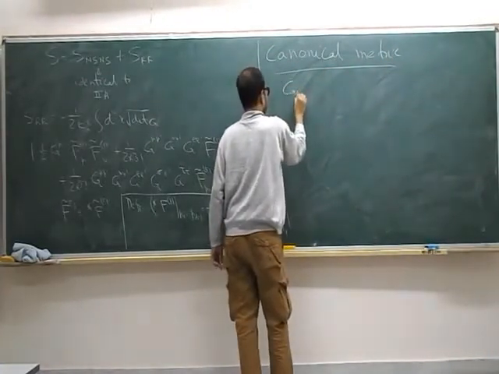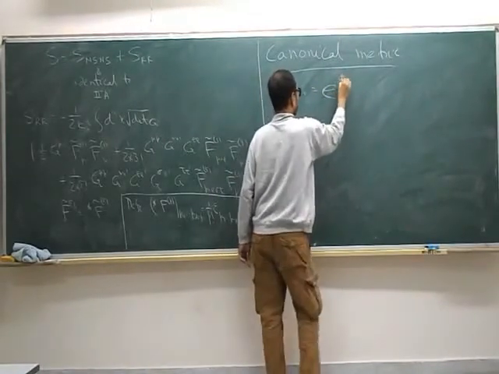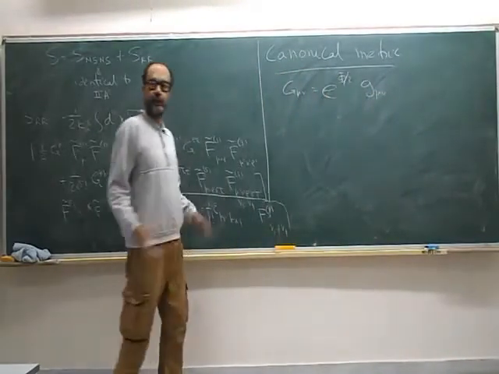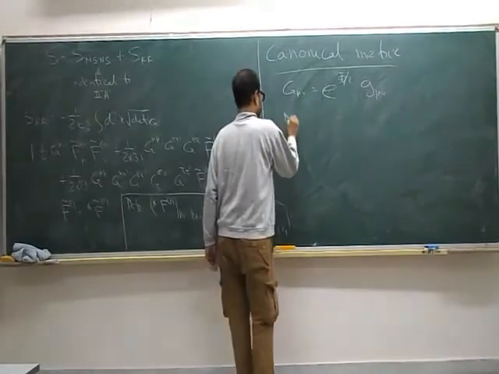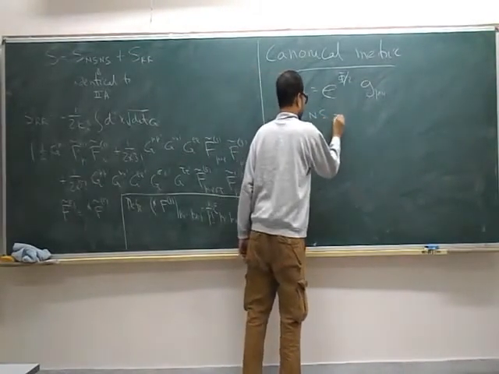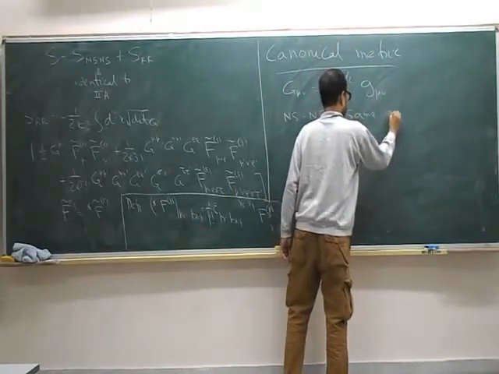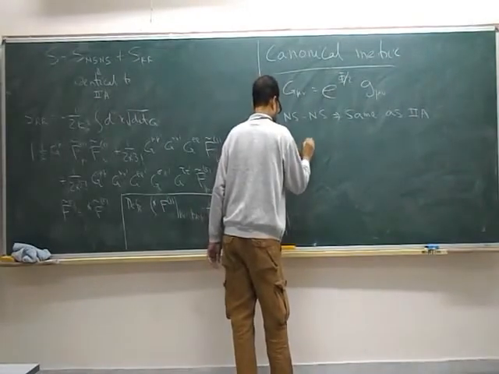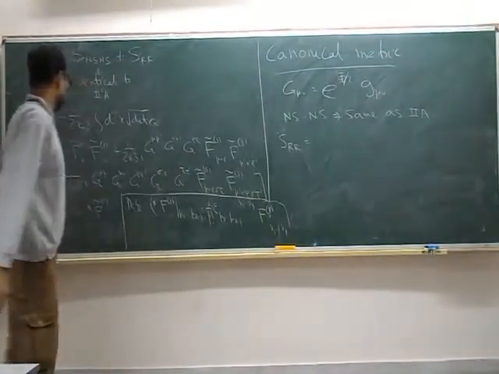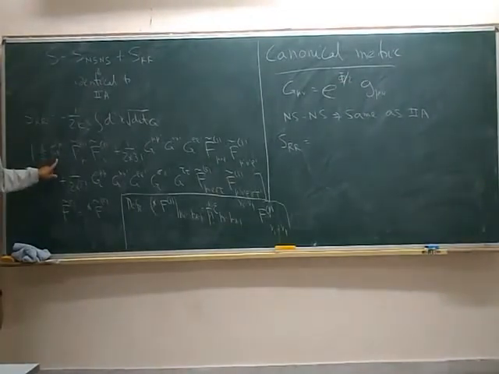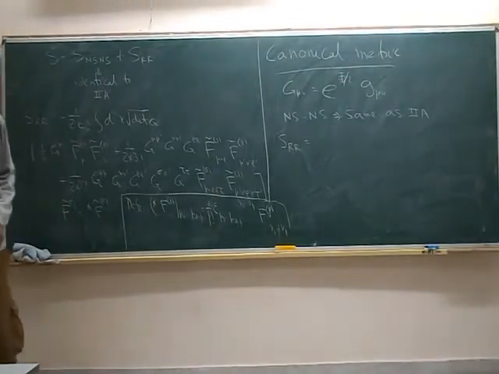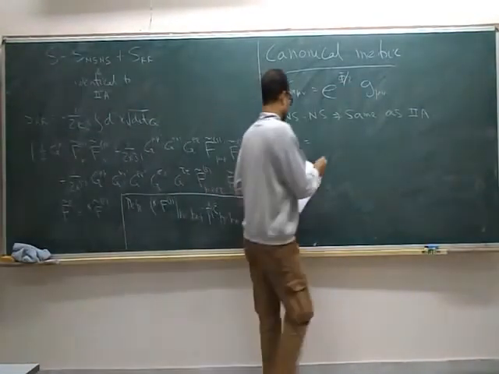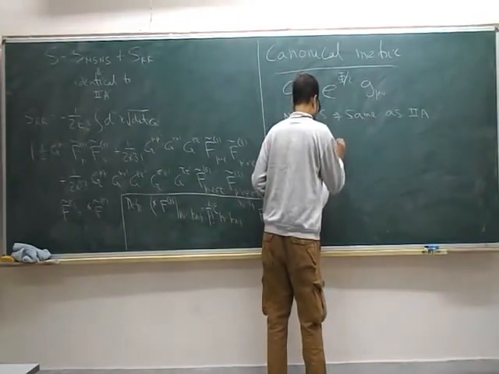So if we write G_{μν} as e^{φ/2} times G_{μν}, and then substitute and derive the action, the NS part is the same as in type 2A. The Ramond part is slightly different because you pick up different factors of e^φ in different terms. So let me write that. Anyway, so Ramond is minus 1 over 2 kappa 10 squared.